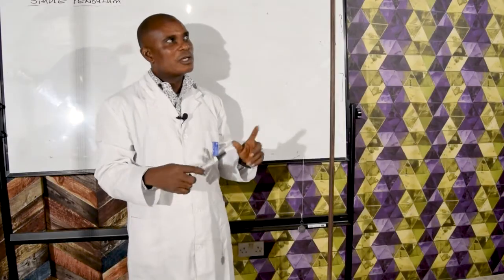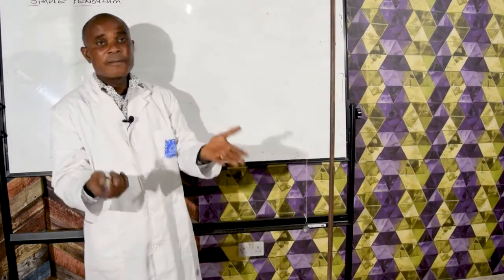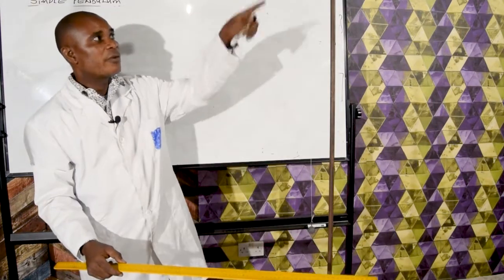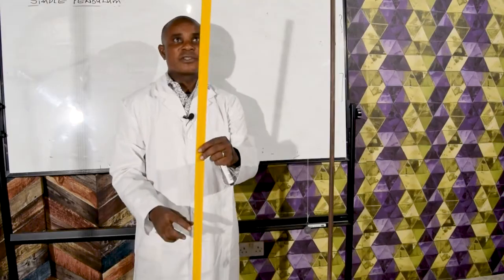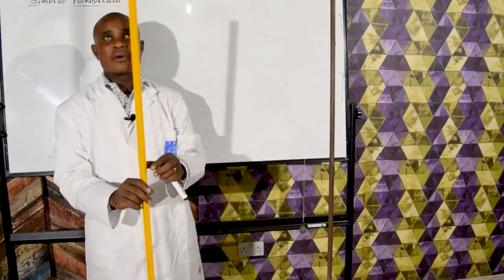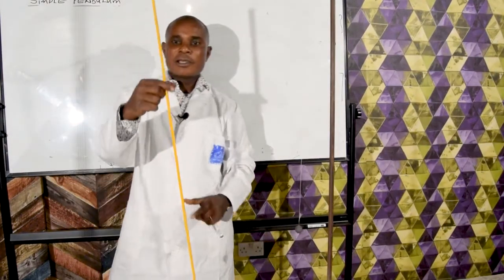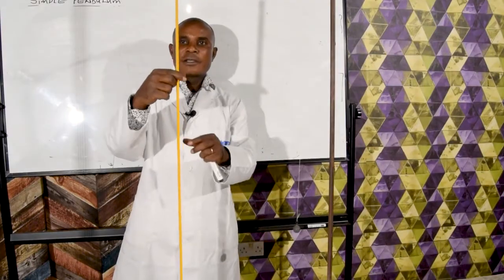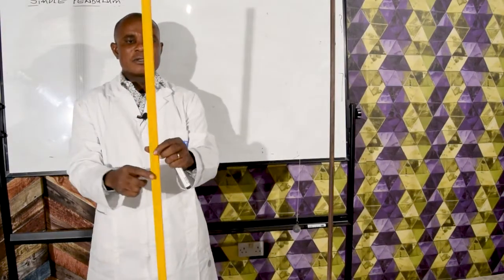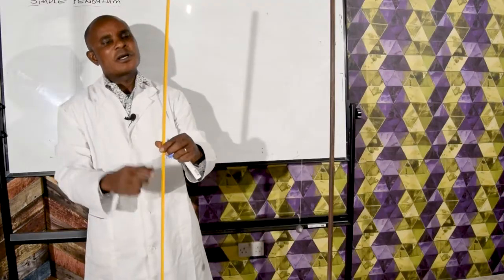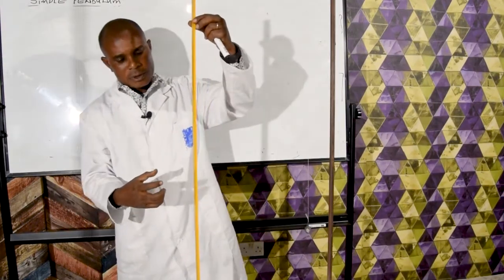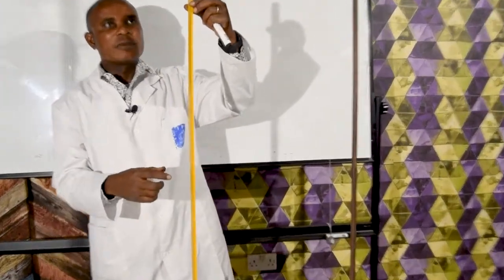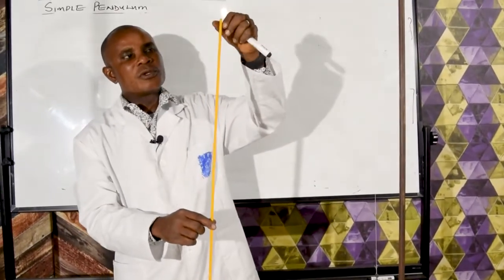So I'm going to ensure that I first discover my reaction time. You can do this as a student if you want to know your reaction time before you do this experiment. You try to know your reaction time first of all. This may not be accurate because if I want to get it properly, I'm going to ensure that I give the rule to somebody, and I'll be the one catching the rule as it is running down. I'll be able to just try to hold it as it is falling, but for now I'm going to do it myself.